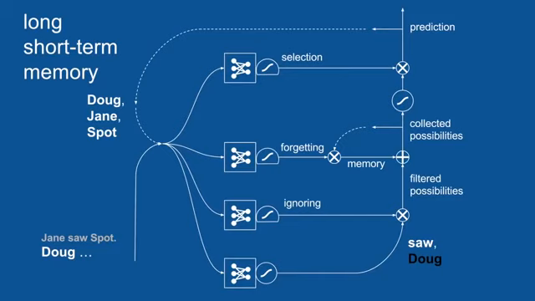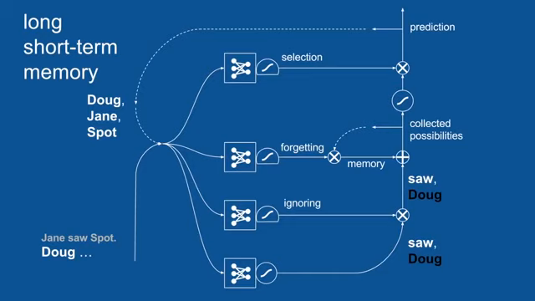So it makes a positive prediction for saw and a negative prediction for Doug. It says, I do not expect to see Doug in the near future. So that's why Doug is in black. This example is so simple we don't need to focus on attention or ignoring, so we'll skip over it for now. And this prediction of saw, not Doug, is passed forward. And again, for the purposes of simplicity, let's say there's no memory at the moment.